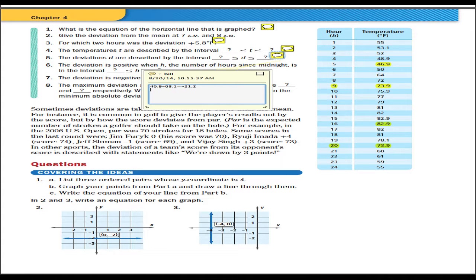The maximum deviation was 82.9 minus 68.1, and that's 14.8.